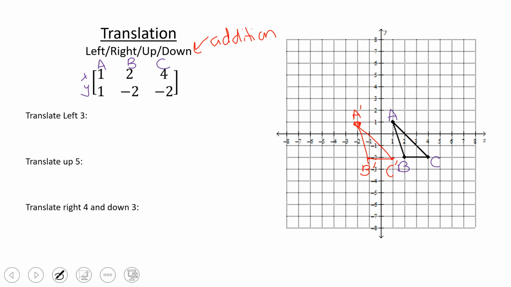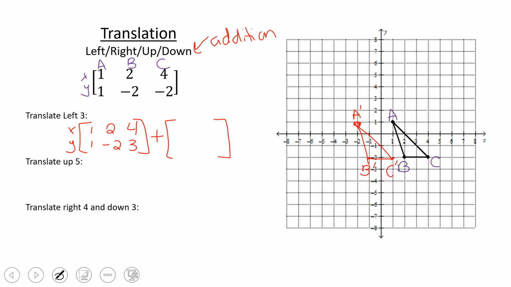Now, when we add matrices, we know that they have to be of the same dimension. So if this original image created a 2 by 3 matrix, I have to add another 2 by 3 matrix. Remember, the first row are the X's, the second row are the Y's.